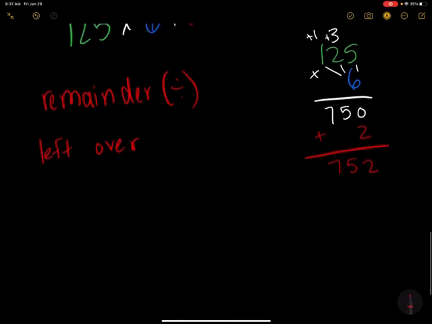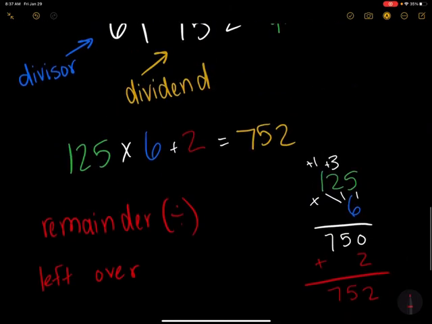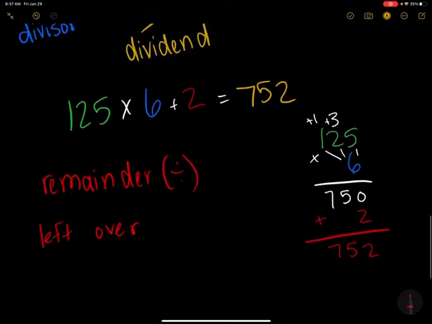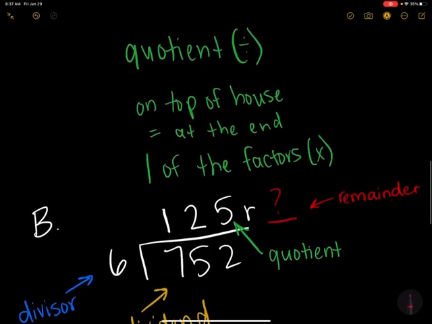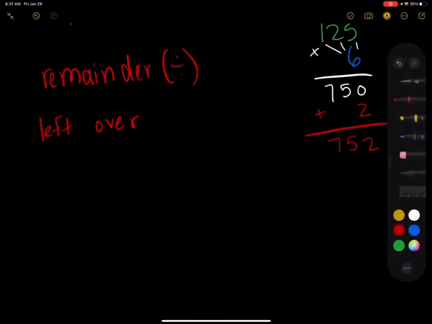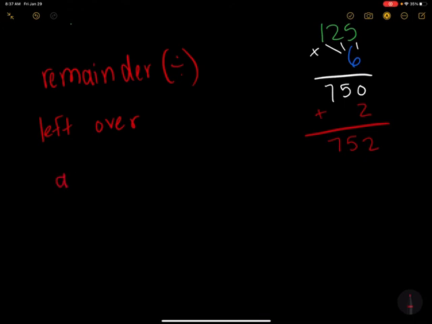Okay, so when we're putting our multiplication problem together, that's the number we're going to add at the end. We're going to add it back when we're putting our inverse operation together.